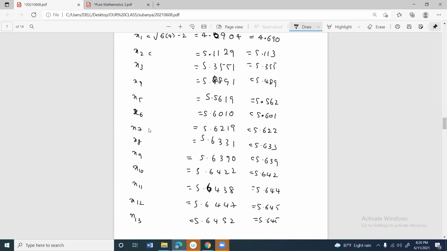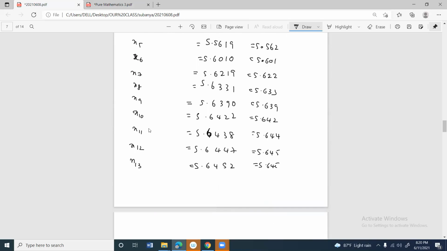Now you can see the solution, the root correct to 3 d.p. is 5.645.